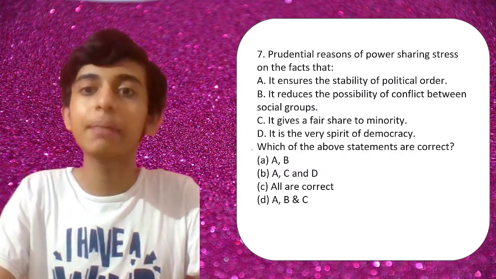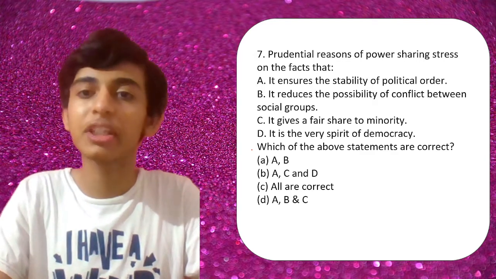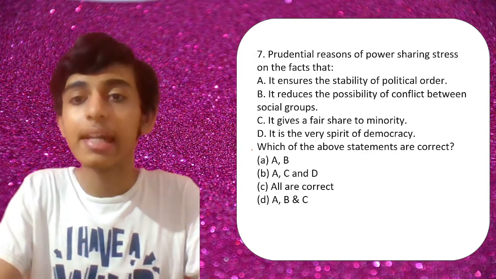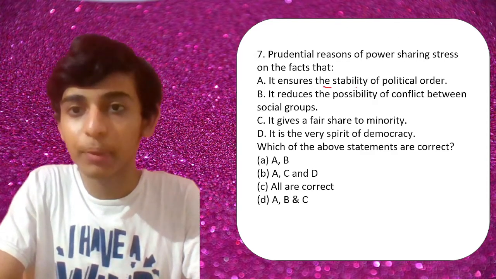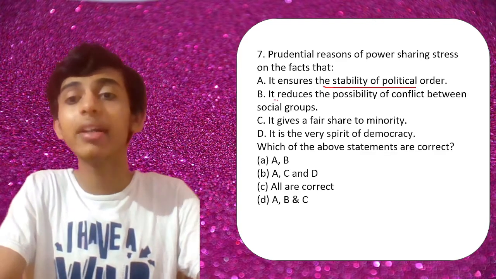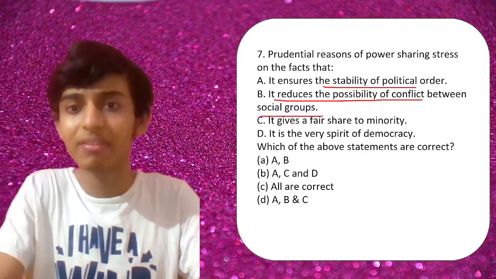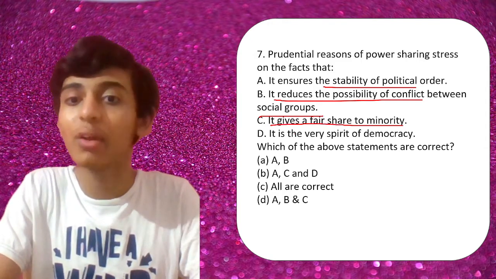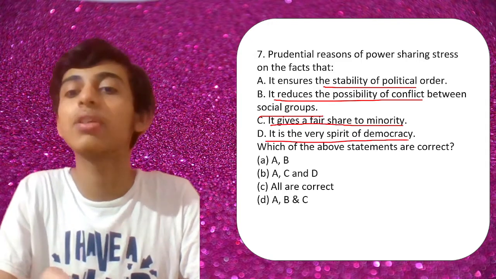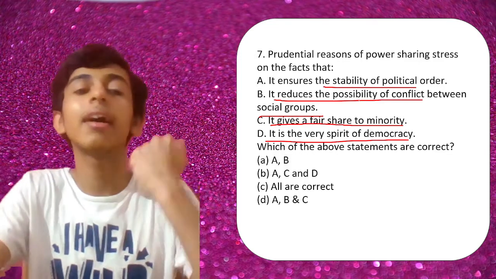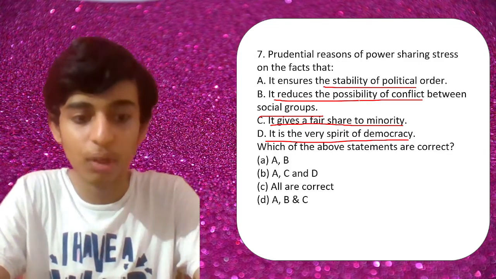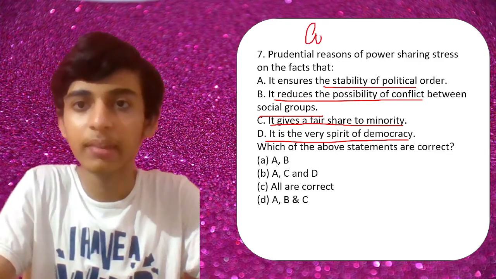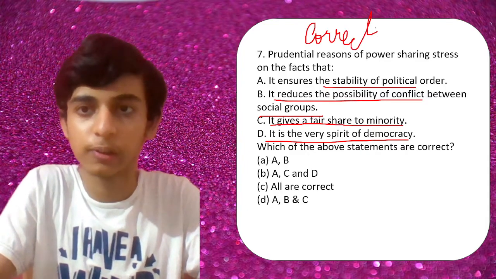Seventh question on your screen. Prudential reasons of power sharing stress on the facts that A. It ensures the stability of political order. B. It reduces the possibility of conflict between social groups. C. It gives fair share to minority. Or D. It is the very spirit of democracy. So now they are asking which statement according to you is correct.